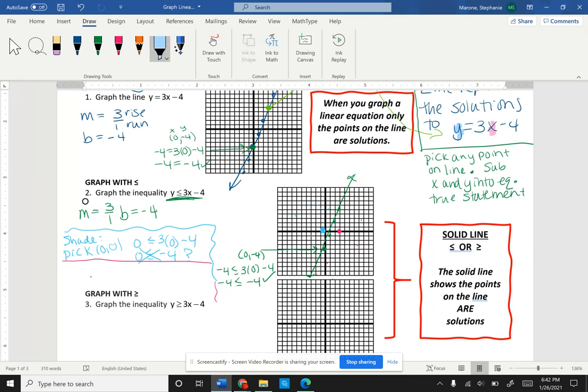And just backtracking, there's two different regions here. There's this region and there's this region. One of those regions is going to be a solution to the inequalities. We know this region is not. Maybe that one is. So we're going to pick a point, 3, 0. We substitute it into the equation.